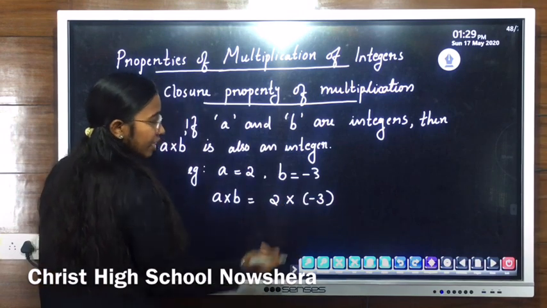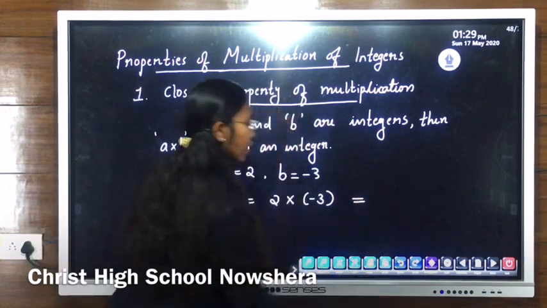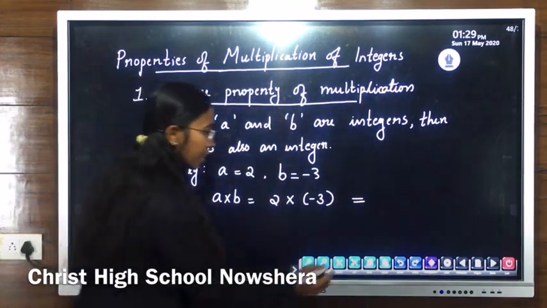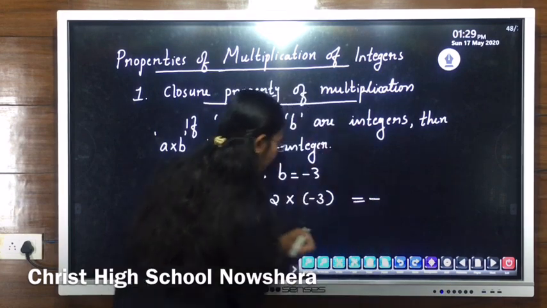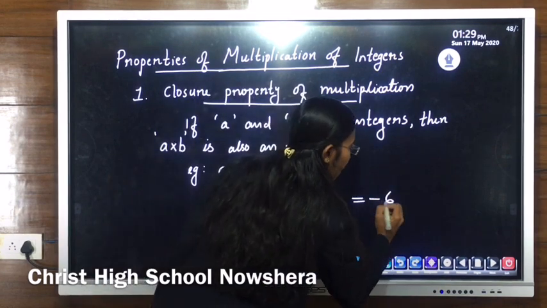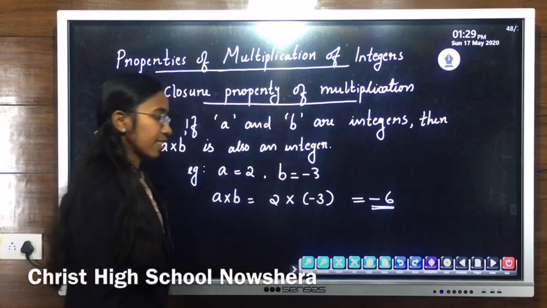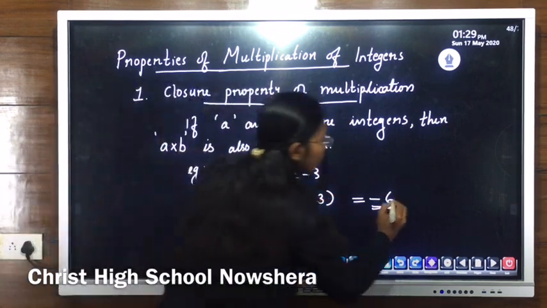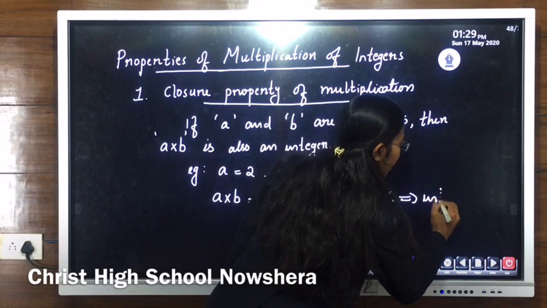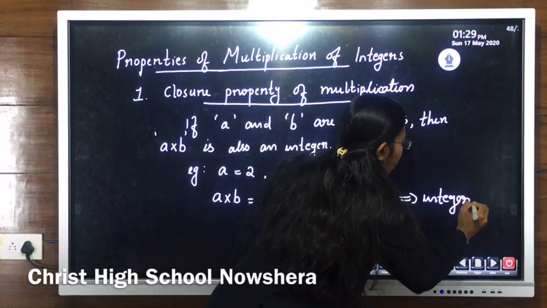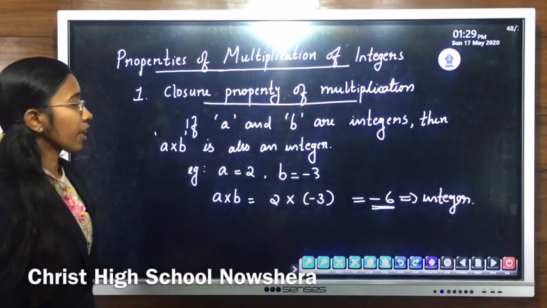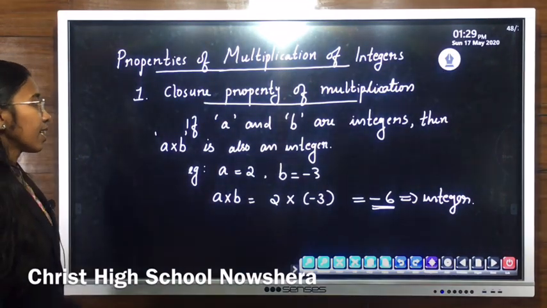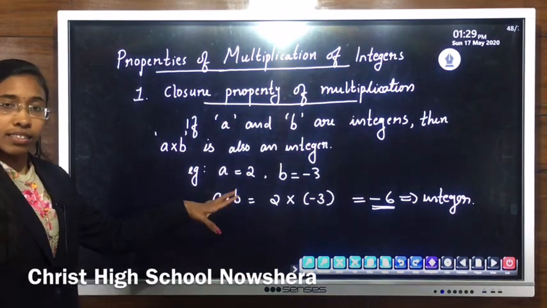This is unlike integers. In the case of unlike integers, always our sign is negative. What is 2 into 3? 6. Minus 6 is our answer. And just look, minus 6 is also another integer. Which means closure property means if A and B are integers, then A cross B is also an integer.